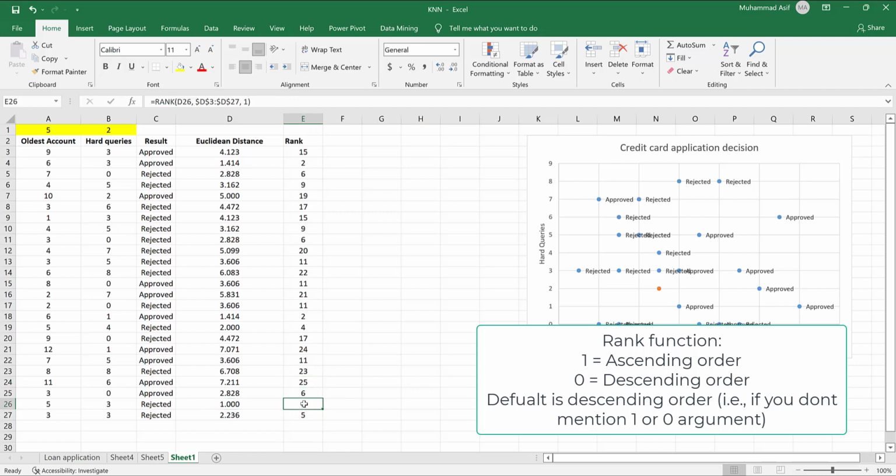So values are ranked in ascending order, which means the smallest value is ranked number 1, and the highest value is given the highest rank. In descending order, it will be exactly the opposite. So if in this ranking function I use argument 0 instead of 1, then this value will be changed to 25, and the highest value, this one, will be changed to 1, and all other values will be changed accordingly.